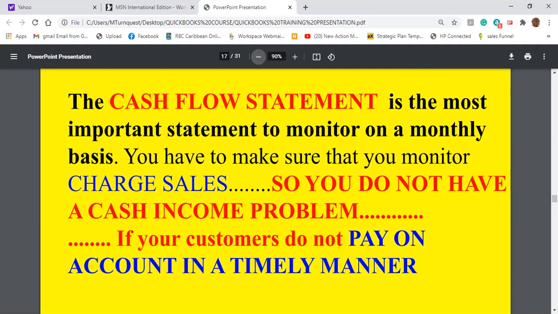If you don't pay for it, then it won't affect the cash flow statement, you see? So when it comes to the cash flow statement, it only deals with cash transactions, no charge. Accounts receivable or accounts payable transactions like charge sales, charge expenses, and charge purchases do not hit the cash flow statement.